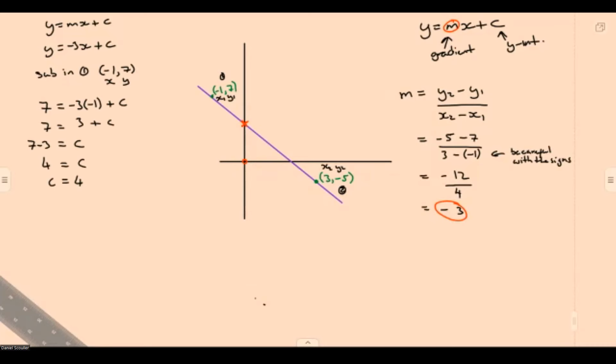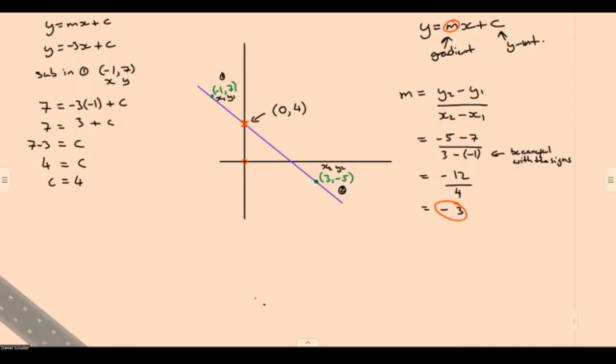So our y-intercept, this point here, is when x is 0 and y equals +4. Again, visually, I can see that makes sense, because the y value is above 0, so it's above the horizontal line.